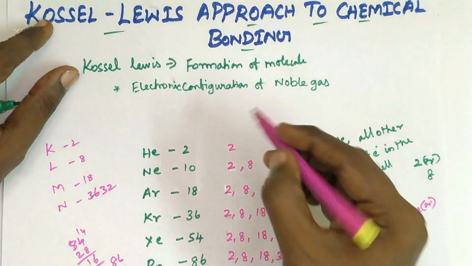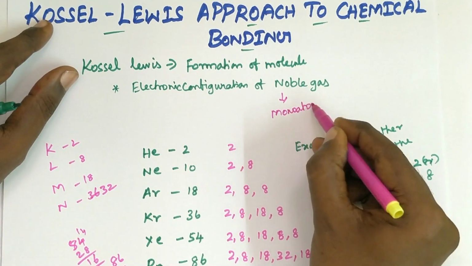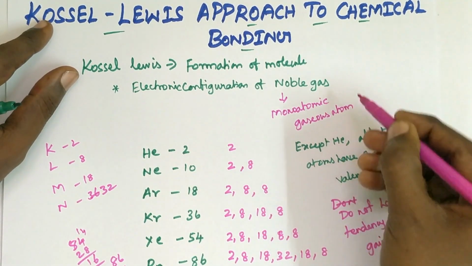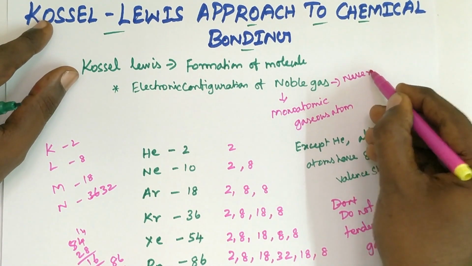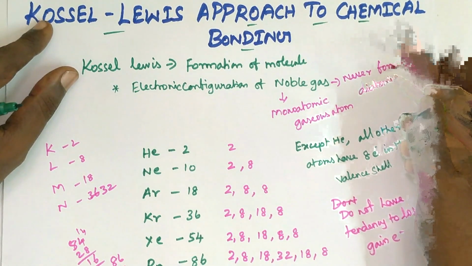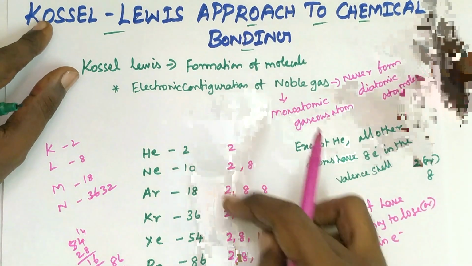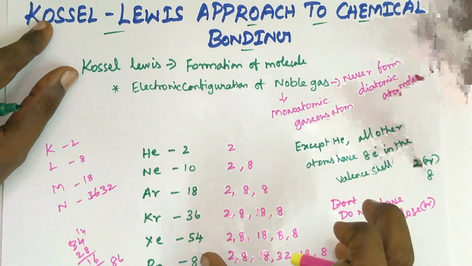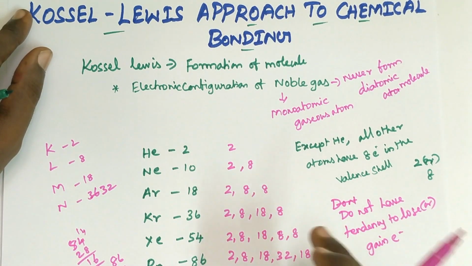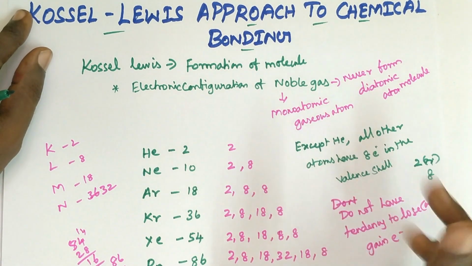That's why noble gases always exist as monoatomic gaseous atoms. They never form diatomic molecules because they have the stable electronic configuration of octet, that is 8 electrons in the outermost shell. That's why noble gases do not combine with each other or react with other elements.